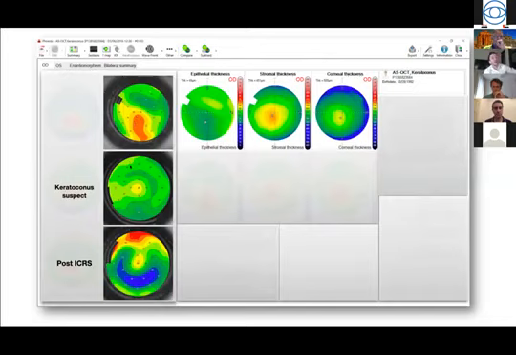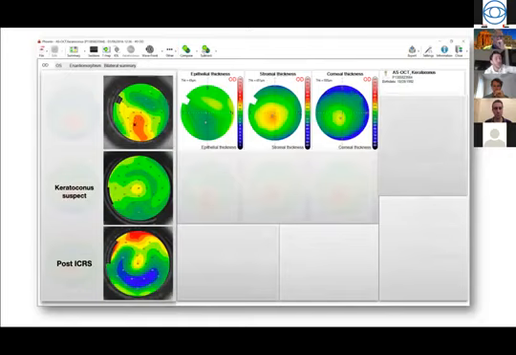And I wanted to highlight with this image also that you will not always see this characteristic image of, for example, this is a case of keratoconus suspect, where you see thin in the center and a little bit of thickening around. Sometimes it's not, because this is not the location of the cone. In this particular case, the location of the cone was not in the center, was paracentral inferior.